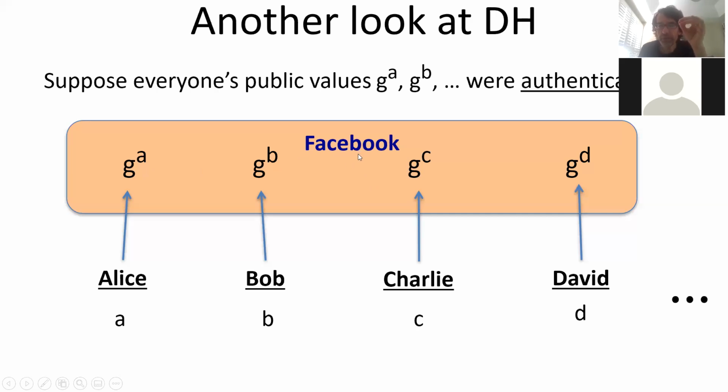If you corrupt it, or if this authority becomes compromised, or if it's not trustworthy to begin with, this authority has an incredible power of basically breaking security of everyone by replacing these things with their own contributions, right? And therefore knowing the exponents. So when Charlie wants to talk to either Alice or Bob or David, he will just talk to whoever compromised Facebook or Facebook itself.